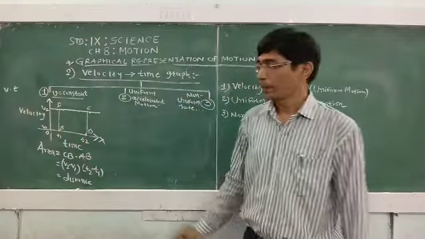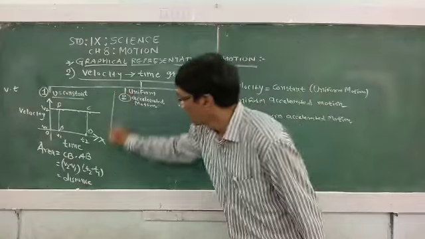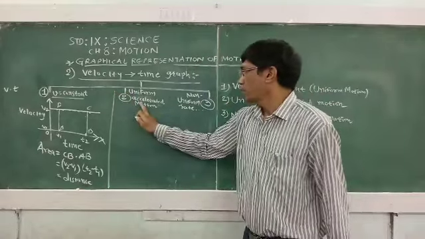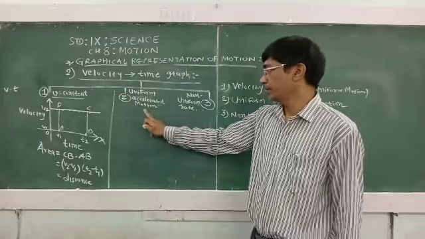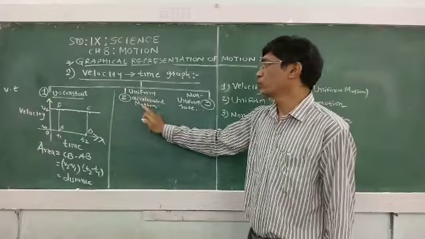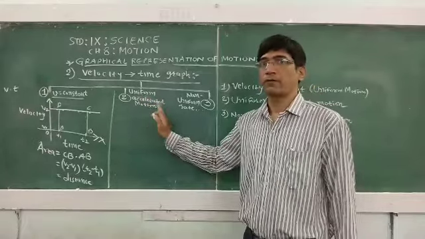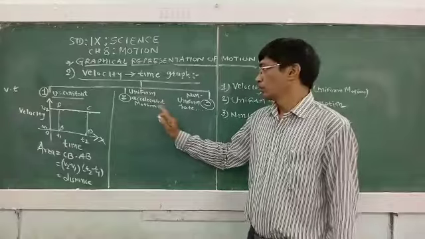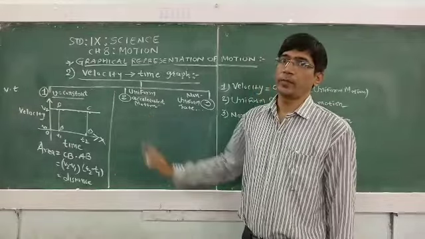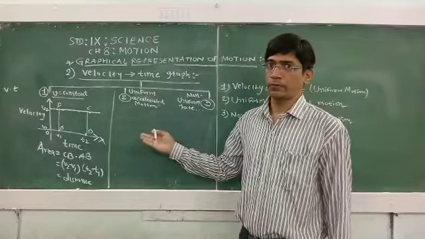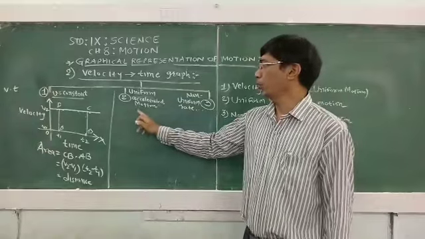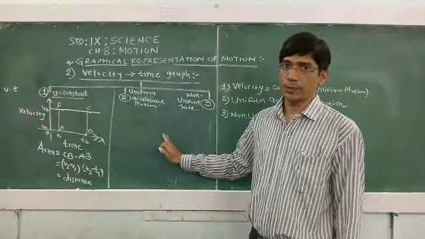Second point, when the accelerated motion takes place, uniformly accelerated motion takes place, in that case the velocity is equally changed in the equal time interval, or another way we can say it is the uniform rate of velocity change with respect to time.